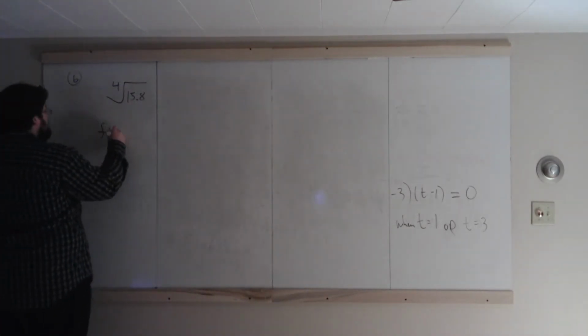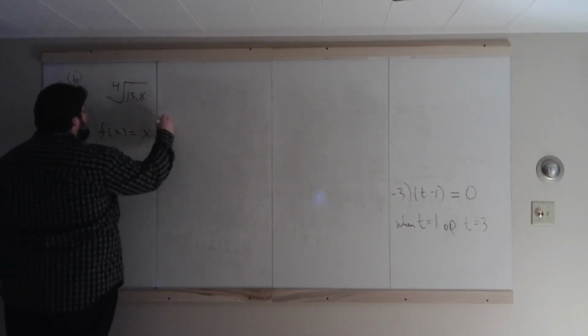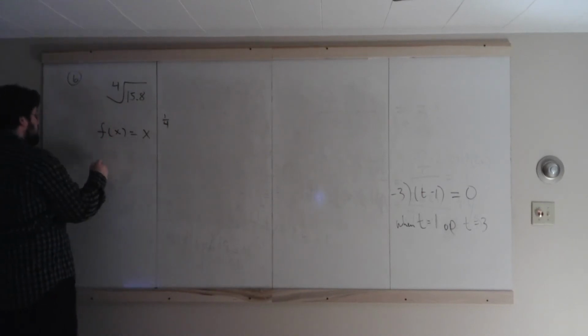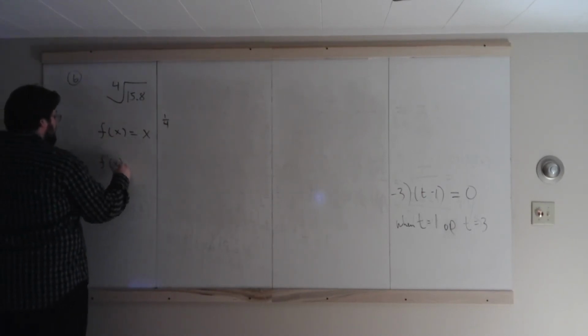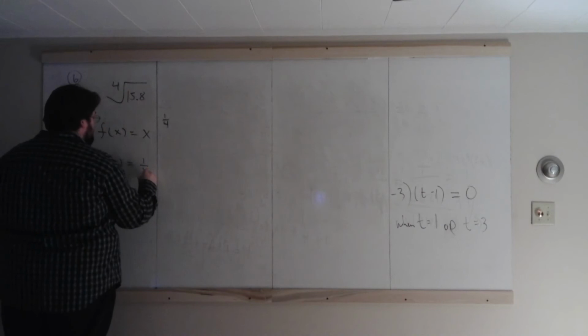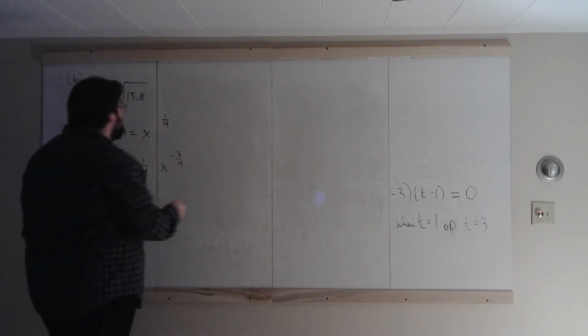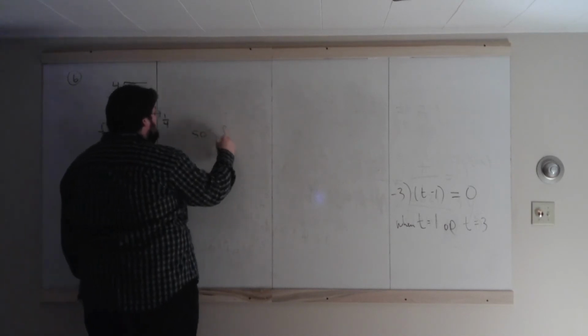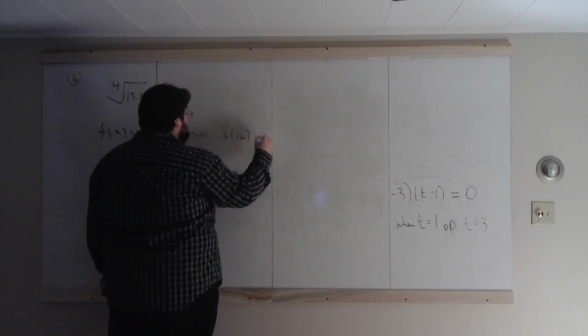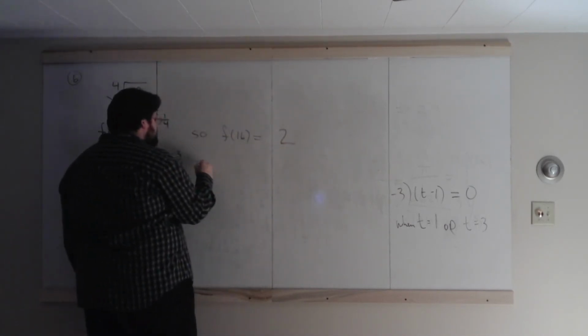So here our function will be x to the 1/4. The derivative of that is 1/4 x to the 1/4 minus 1, negative 3/4. And we're concerned with what happens near 16, because that's what we know about. F of 16 is 2.